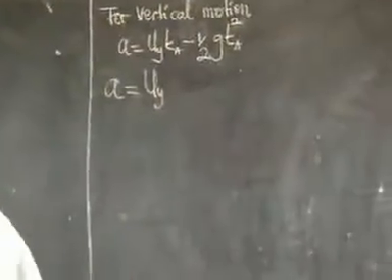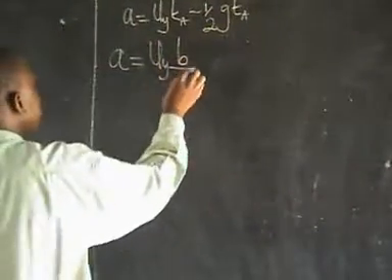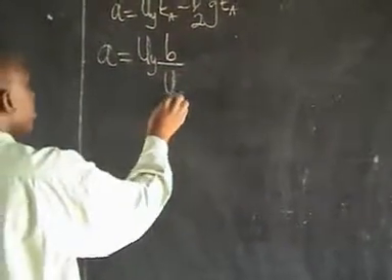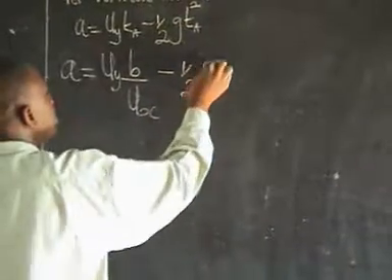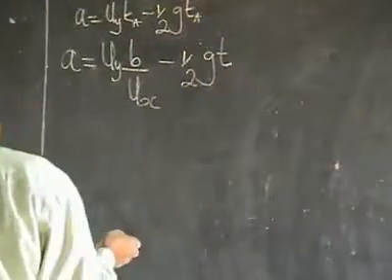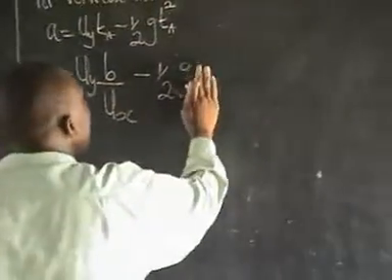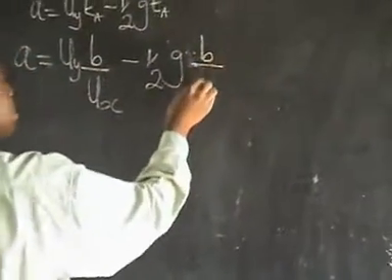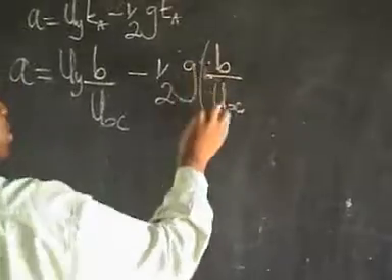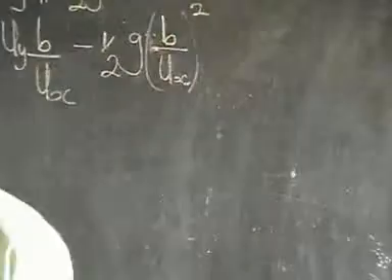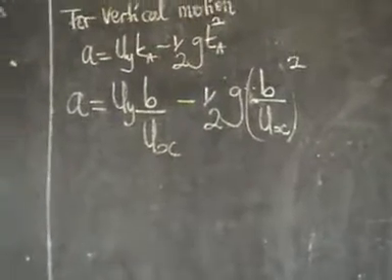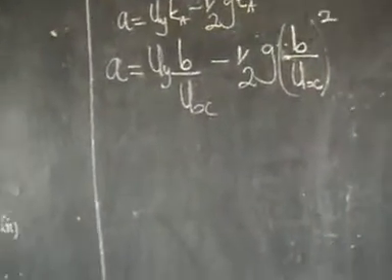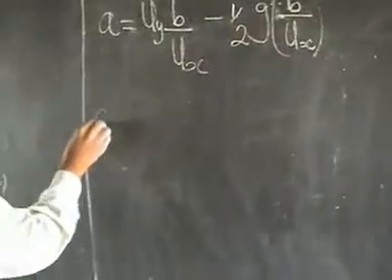Where there is TA, we are having B out of ux, so A is equal to uy times B out of ux minus a half g times B out of ux, the whole of this squared. So when we try to simplify this, it's giving us A.